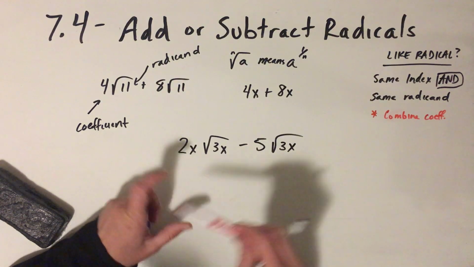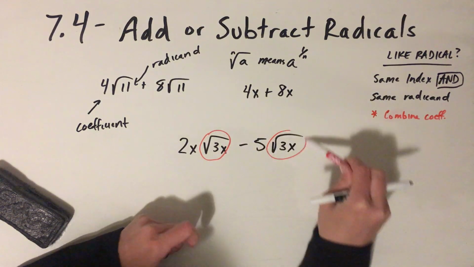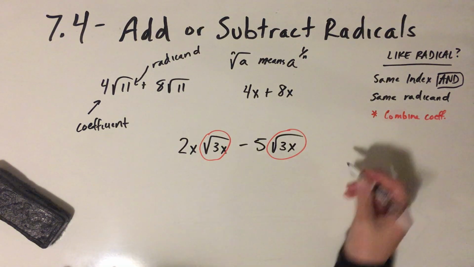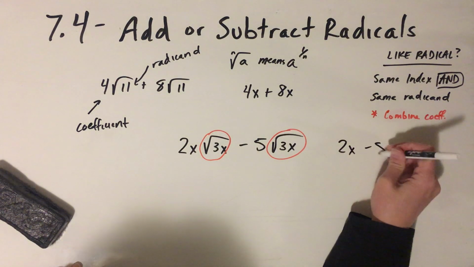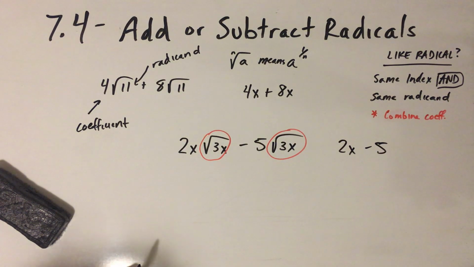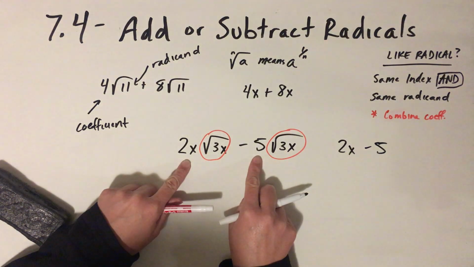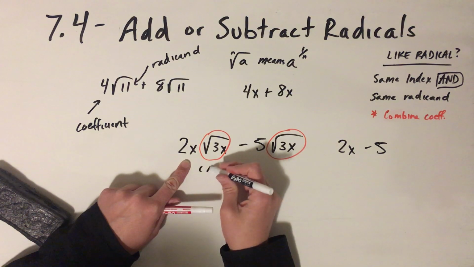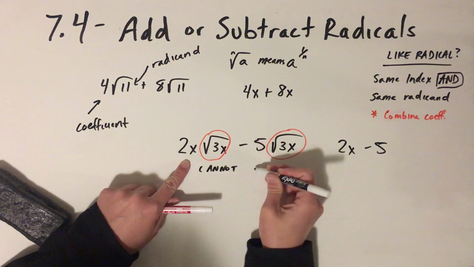If we didn't have this, and I asked, hey, can we combine 2x minus 5? You would all say, well, no, because they're not like terms. So keep in mind that what's on the outside also has to be like terms. I can't combine these. So these cannot be combined.